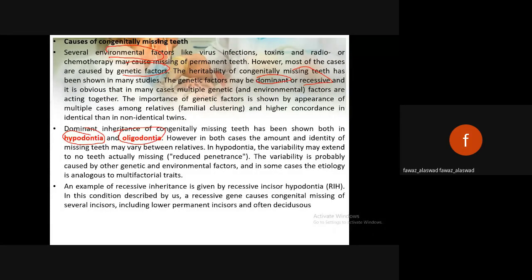Sometimes it occurs in the primary teeth, and sometimes in the permanent teeth. The teeth most commonly missing are the second premolar and the upper lateral incisor.